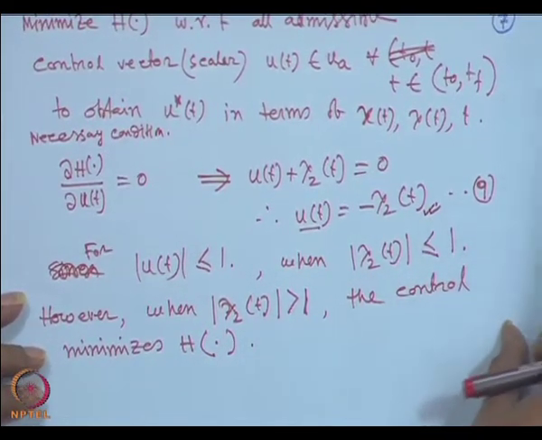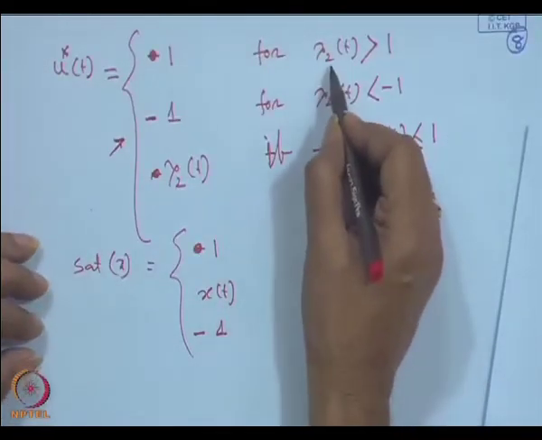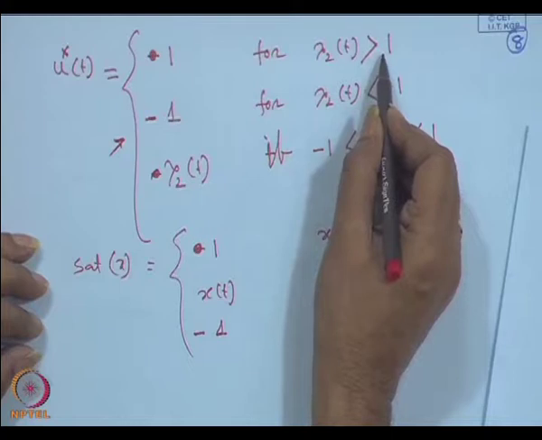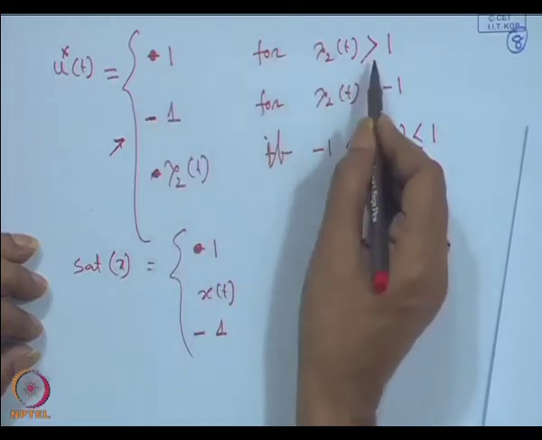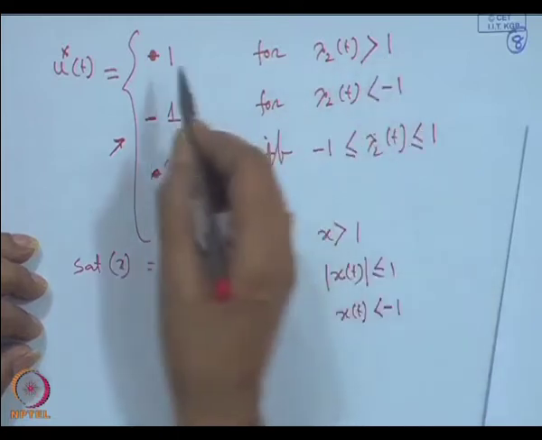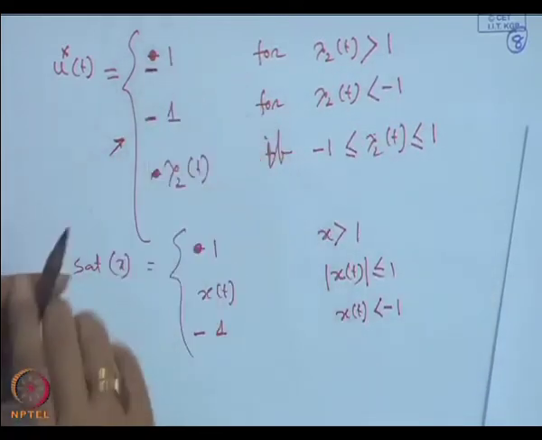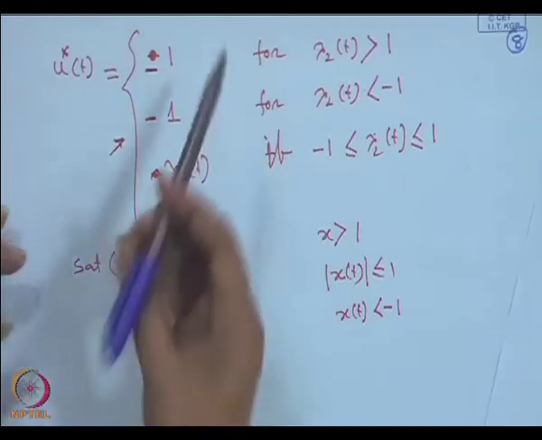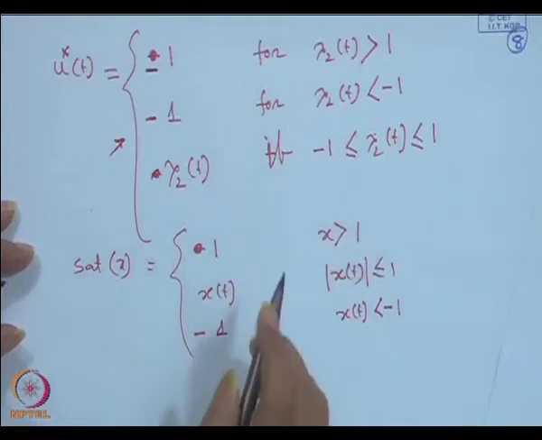Now, let us see this one, lambda 2 is greater than 1. If lambda 2 is greater than 1, then I have to make it with a minus sign. Sorry, I made a mistake here, a minus sign, because u of t is equal to minus lambda of t.